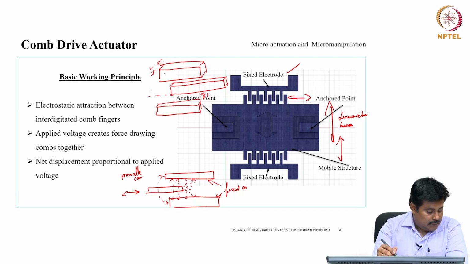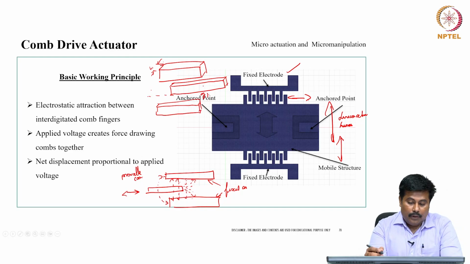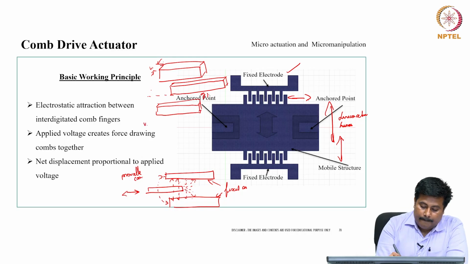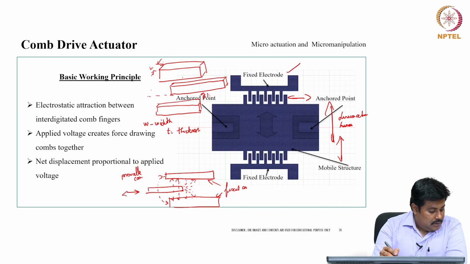W is considered to be the width, T is the thickness, this is G1 and this is G2.